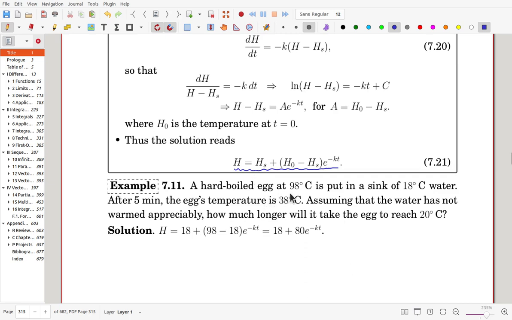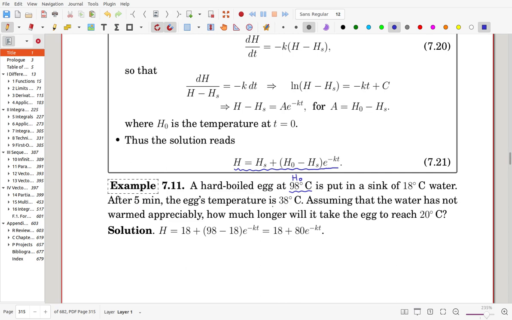A hard-boiled egg at 98 degrees Celsius is put in a sink of 18 degrees Celsius water. After 5 minutes, the egg's temperature is now 38. That is the initial temperature, 98. And then when t is 5, the egg's temperature becomes 38.